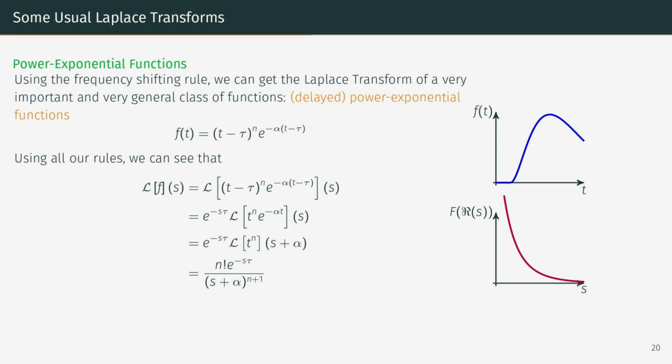This can be solved to equal n factorial times e to the negative s tau all over s plus alpha to the n plus 1. Again, the top graph shows the function in question, while the bottom shows the graph of this Laplace transform for real values of s.